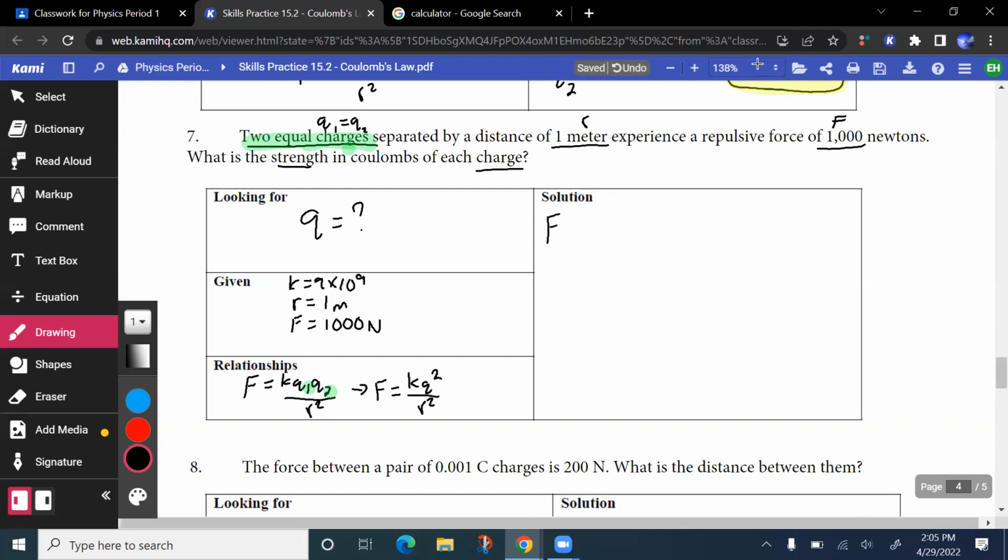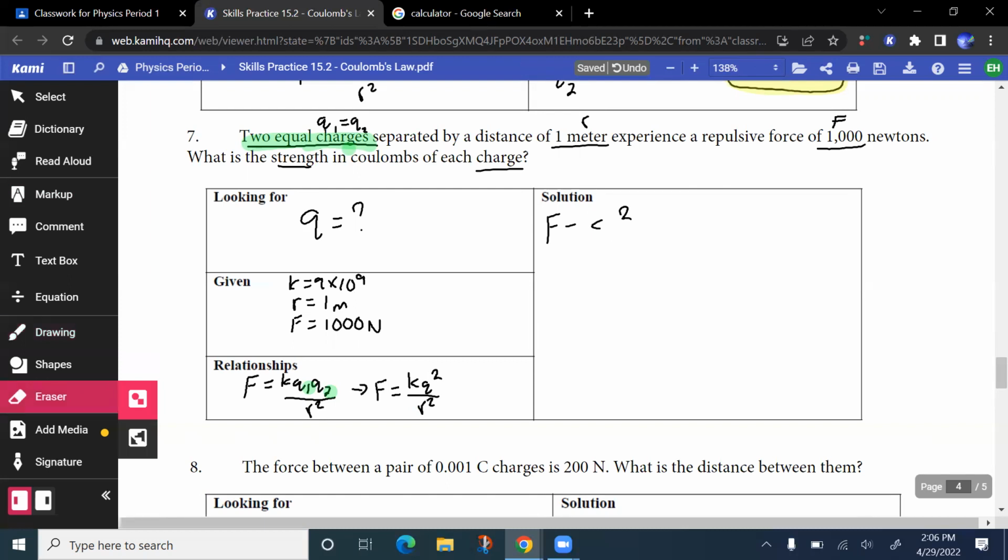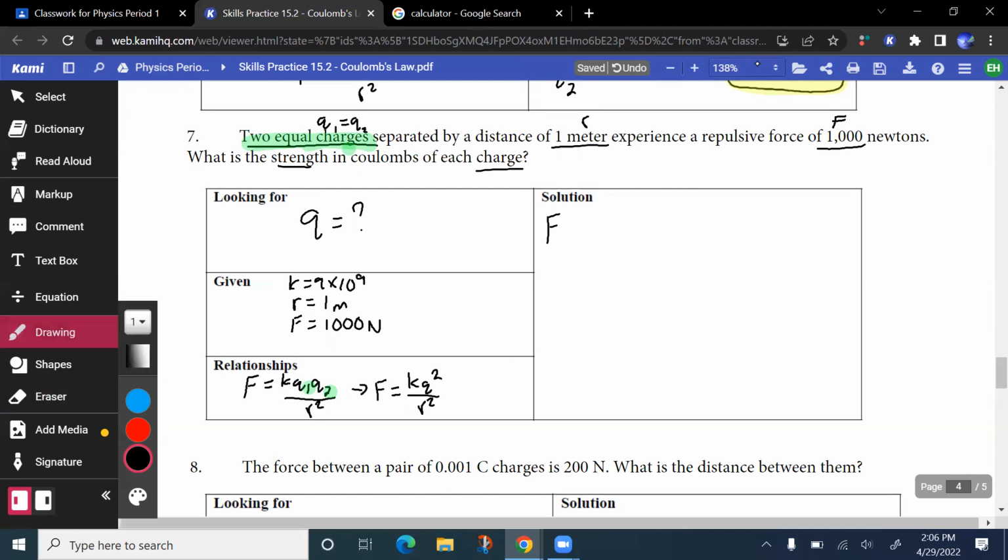So we'll start here. F equals KQ squared over R squared.